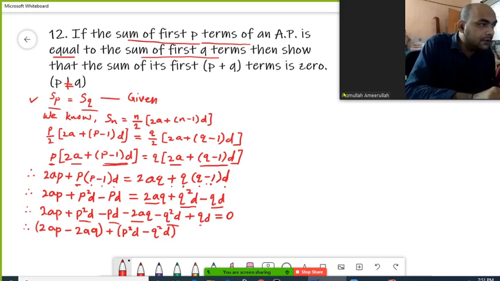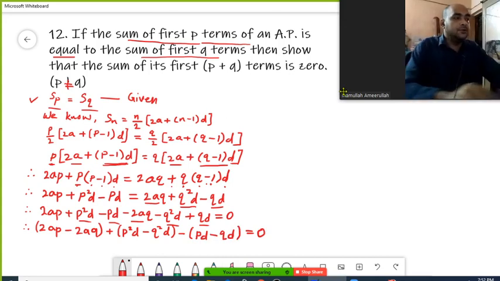Here I am taking minus as a common factor, so this pd stays, and this is plus qd, but since I am taking minus as a common factor, this plus will become minus qd, is equal to 0. So this way we can categorize them.